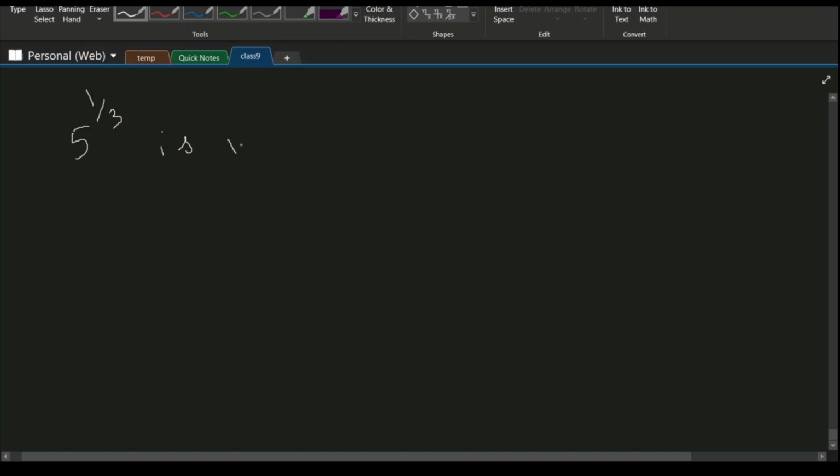So we will say it is a positive number x such that x raised to the power 3, since the power is 1 by 3, so we flip it, should give me 5. So if I am able to find such a number on which if I put power 3 that gives me 5, then 5 to the power 1 by 3 will be that number x.